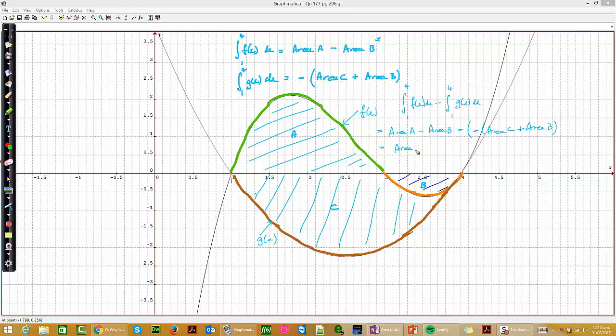That'll be area A minus area B, and this part in here, if we expand the inner part here, will be minus area C minus area B, if you put the negative into this inner bracket here.